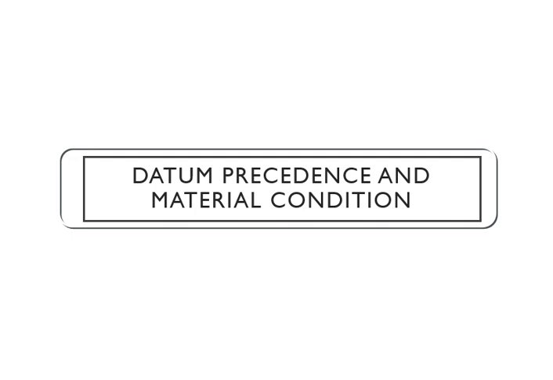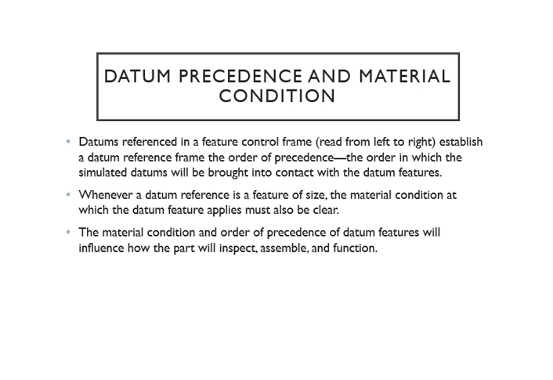And then of course, the datum precedence and material conditions. So let's see our order. Your order is again read from left to right in your control frame, you can see these datums, and the precedence is going to go in order. Your simulated datum is going to get in contact with them, so 3 point, 2 point, and then 1 point. Don't forget that.